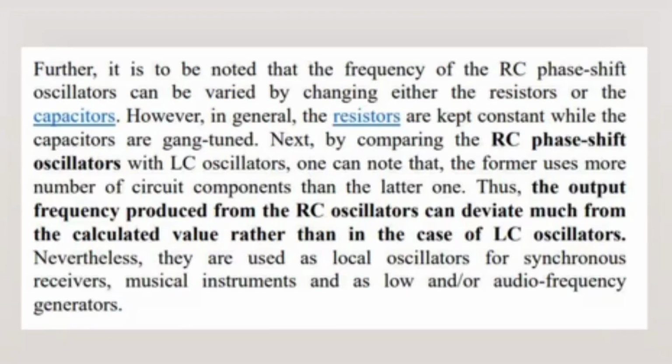Further, it is to be noted that the frequency of the RC phase shift oscillator can be varied by changing either the resistor or the capacitor. However, in general, the resistors are kept constant while the capacitors are gang tuned.